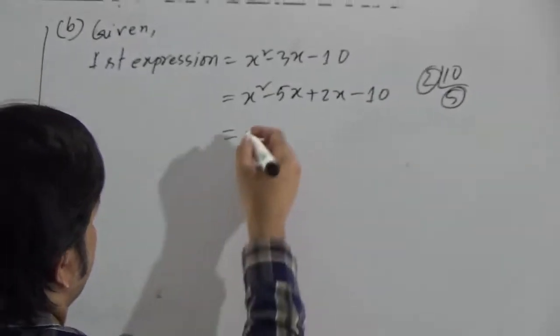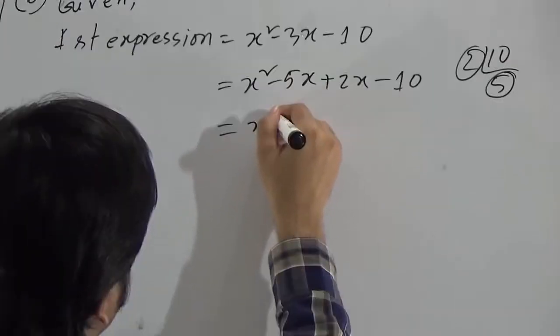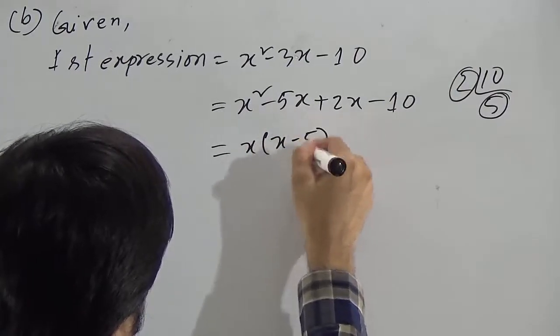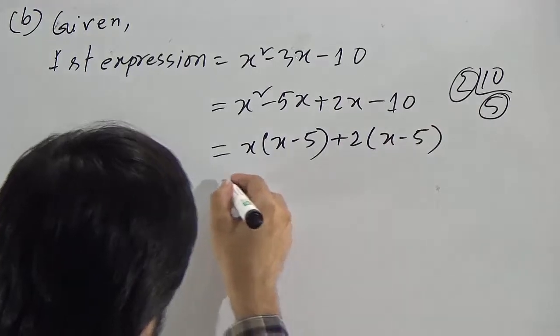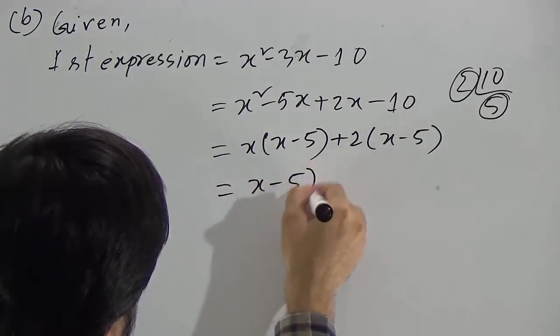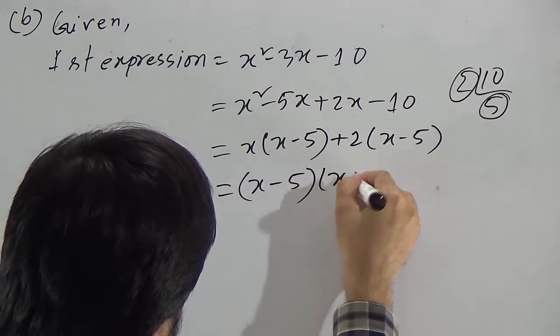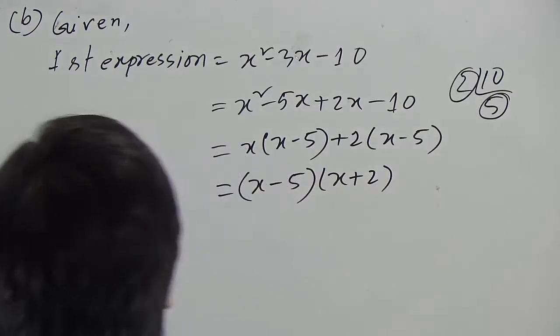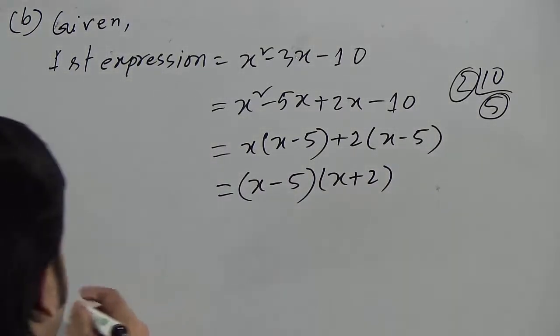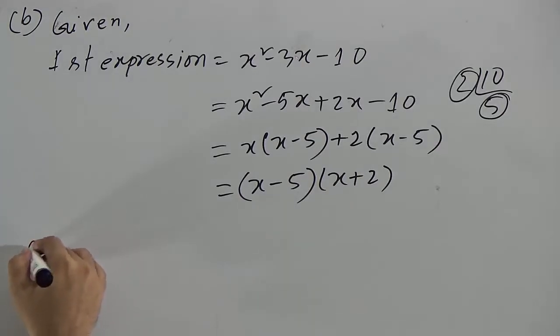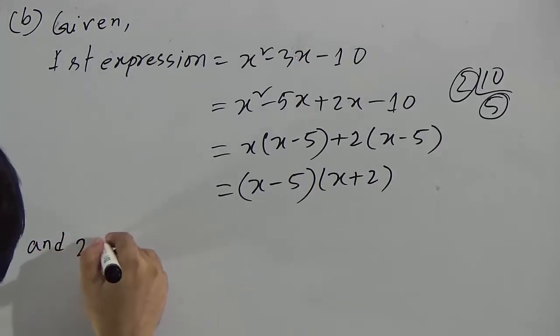So we can take x common here, x minus 5, plus take 2 common, x minus 5 remains. Now take x minus 5 as common, then x plus 2 will be here. This is the factorization of the first expression. Now I have to factorize the second expression. So I have to write the second expression.